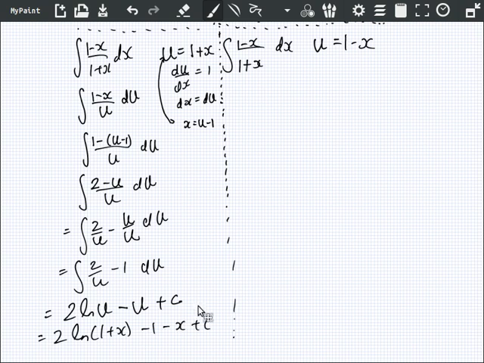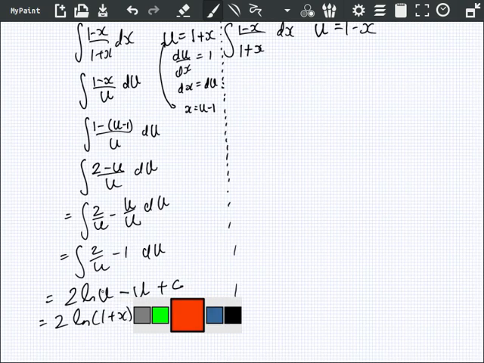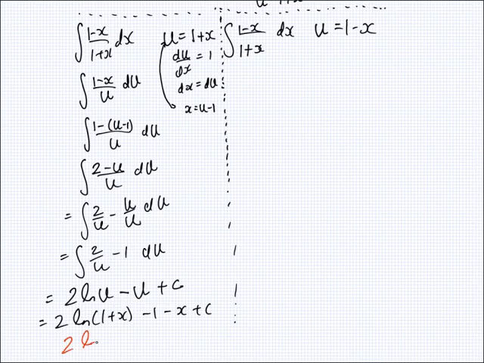Now technically you can write the answer like this: 2 log 1 plus x minus x plus c. Can anybody see why I'm allowed to do that? Plus c. Well, what we can say is the minus 1 is always constant.